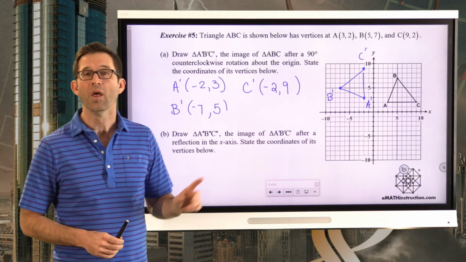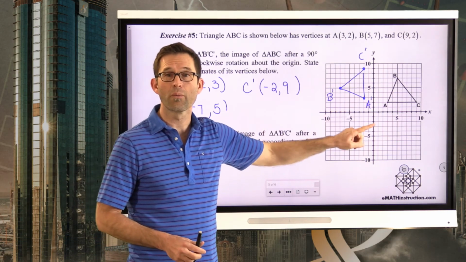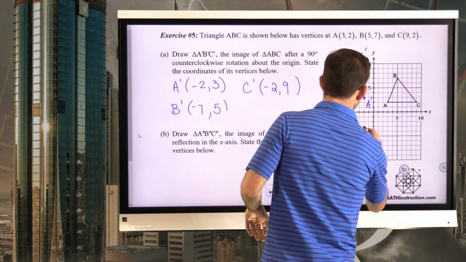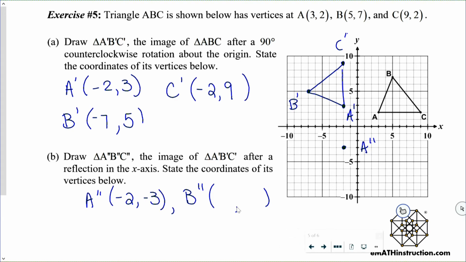All right, let's do it. So, easy enough, right? A', which is at (-2, 3), when we flip it over, will be at (-2, -3). So there's our A''. And this is very common where you're going to be asked to do one thing to the pre-image, and then you're going to take that image and do something else with it. So now B', it used to be at (-7, 5).